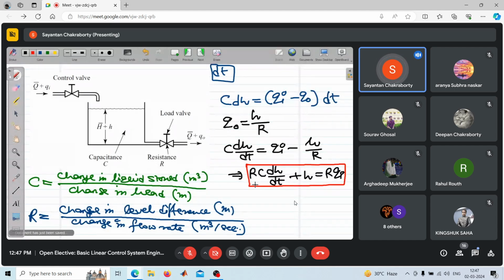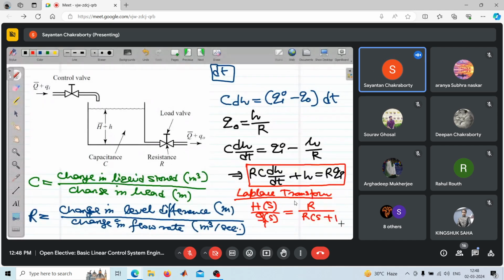I've considered all this to be linearized or linear. So if you take the Laplace transform, you can find that the transfer function of the system, that is H(s) by Qi(s), where Qi is the inlet flow rate, will be R by RCs plus 1.